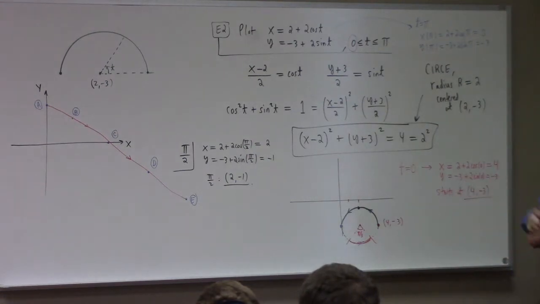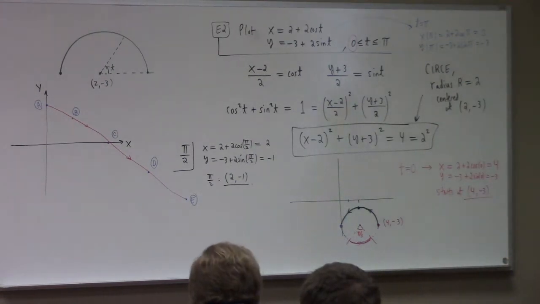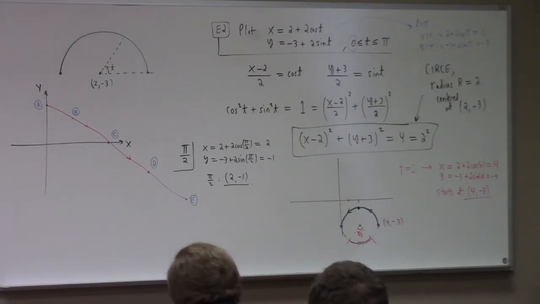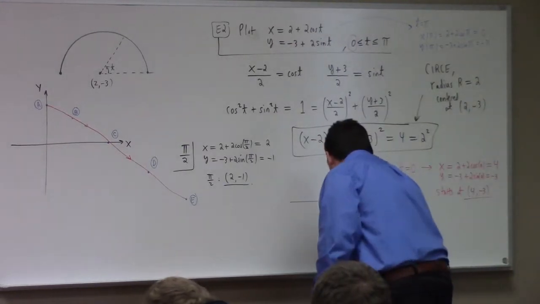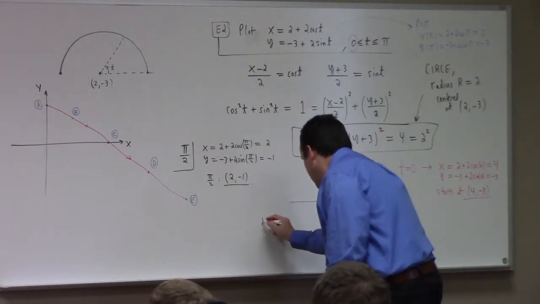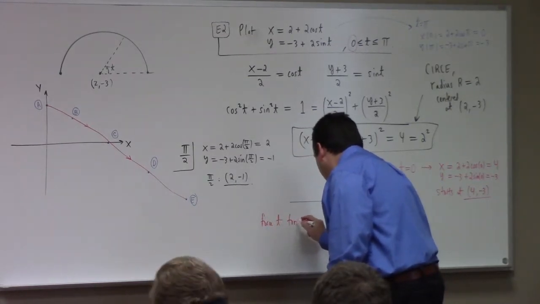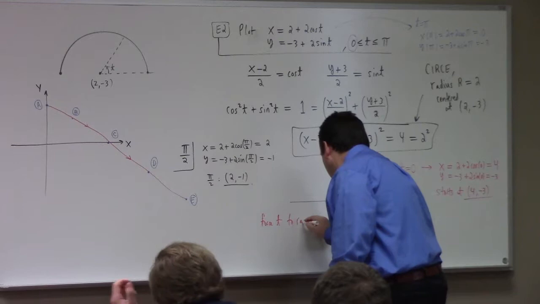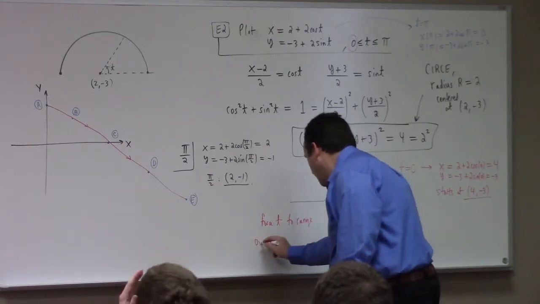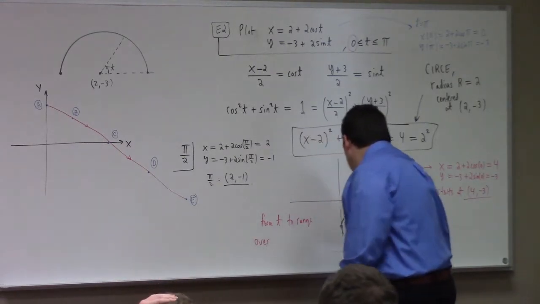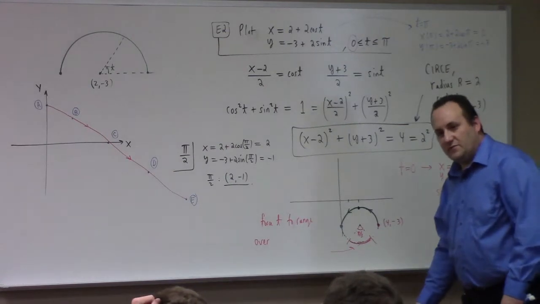How would you parameterize that little arc of the circle? Switch the domain, right? So you'd force t to range over, so that is what? That is minus pi over 2, if you like.